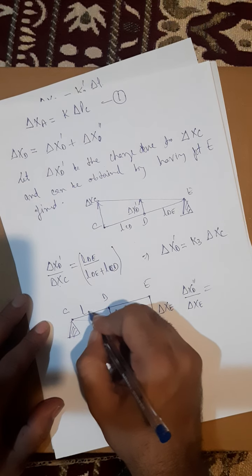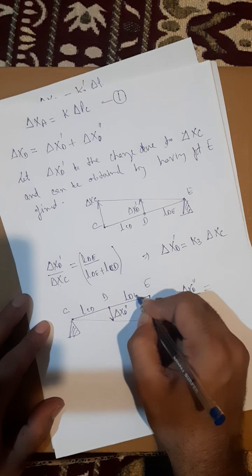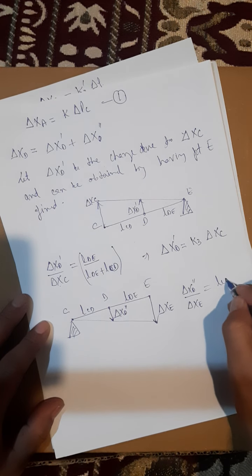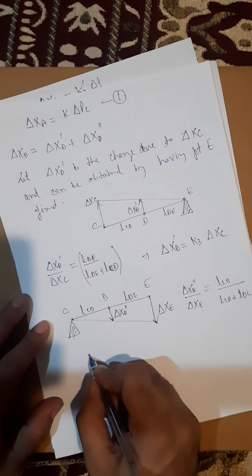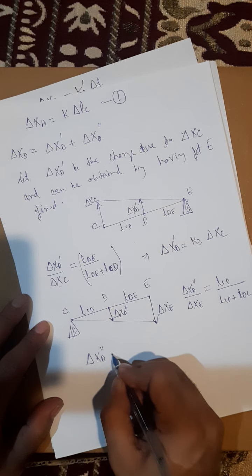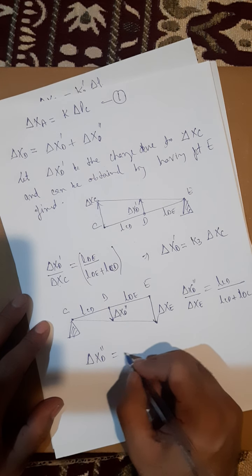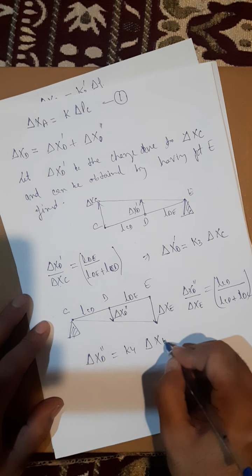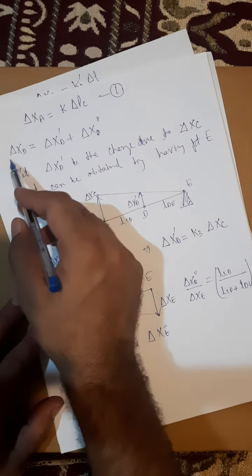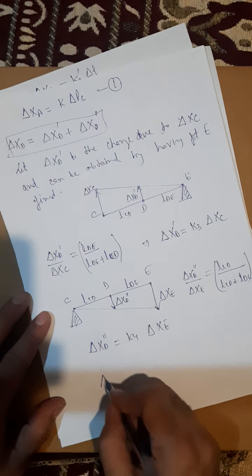Okay, so now I can calculate delta x D double dash divided by delta x E. It will be equal to LCD divided by LCD plus LDE. So delta x D double dash is equal to, I will replace this by some constant K4 into delta x E. So what is the net movement of point D?